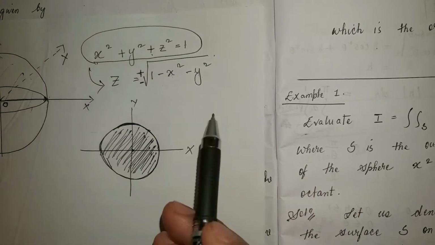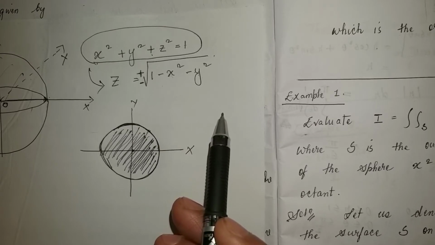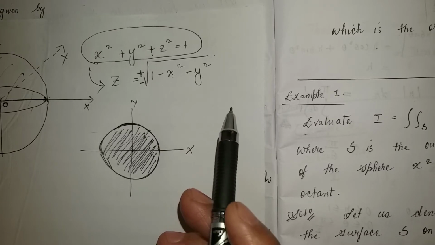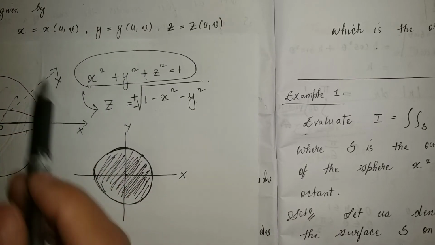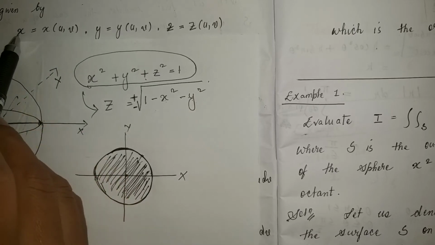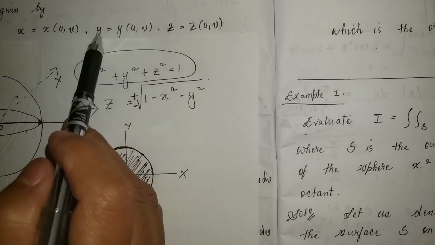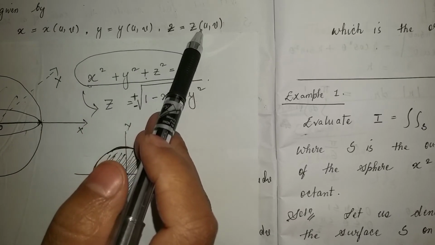Now there are some functions that we still have some problem with or still find difficult. Then we change it to the parameterization form, that is x in terms of u and v, y in terms of u and v, and z in terms of u and v.